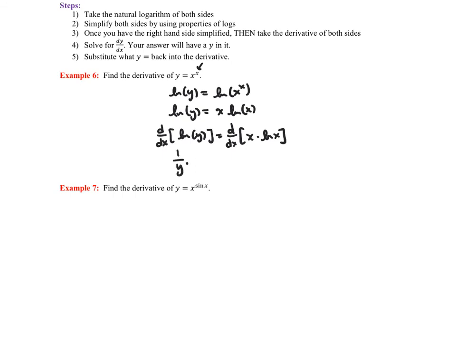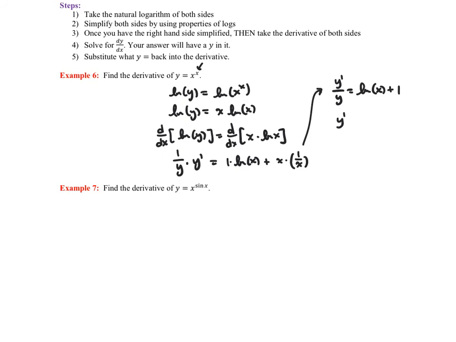This will be 1 over y times y prime. This will be product rule, which will be 1 times ln of x plus x times the derivative of ln of x, which is 1 over x. So let's work our way back up here. This is y prime over y is equal to ln of x plus 1, right? X times 1 over x is 1.